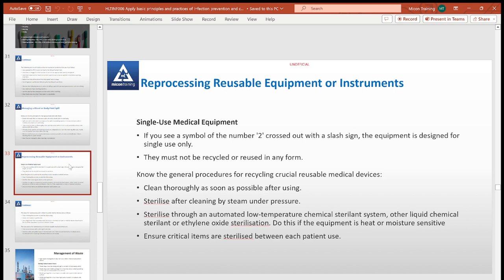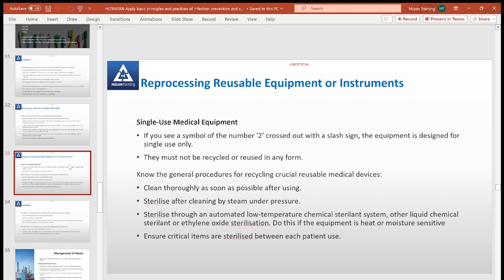We should know the general procedure for reprocessing critical reusable medical devices. Some of the steps might include cleaning thoroughly as soon as possible after use, sterilizing after cleaning by steam under pressure, or sterilizing through an automatic low temperature chemical sterilizing system, other liquid chemical sterilizers, or ethylene oxide sterilization.